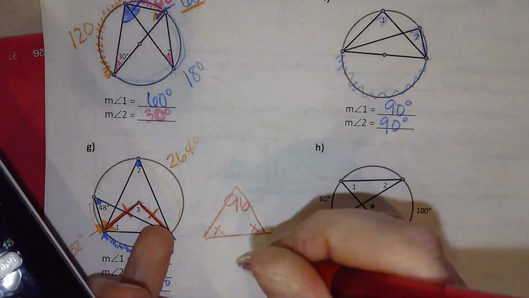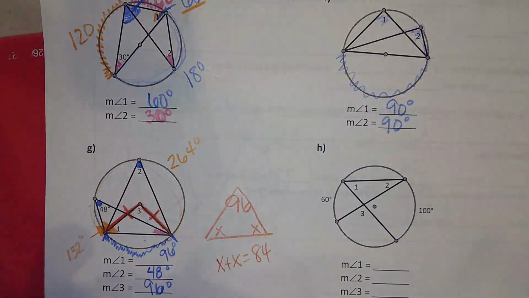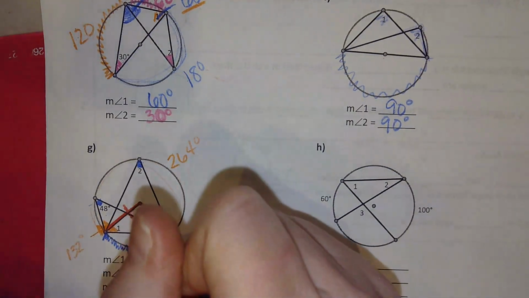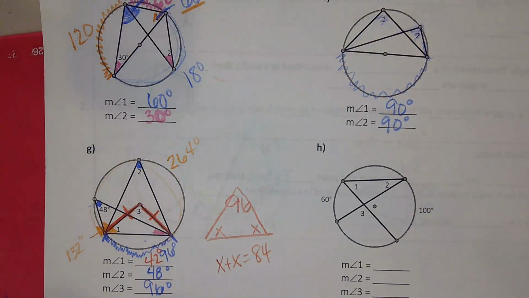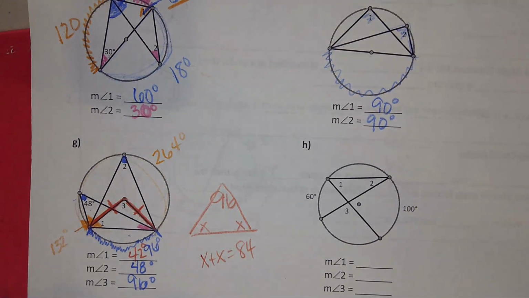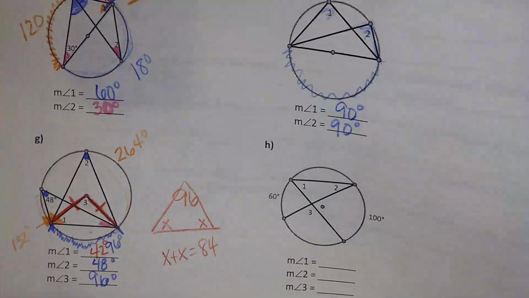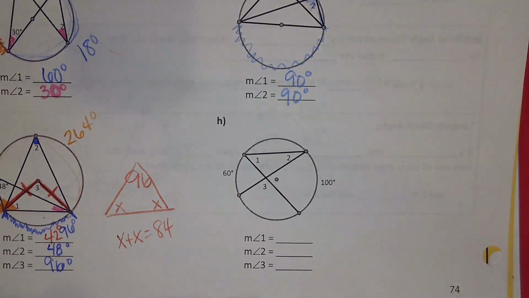So that means x plus x equals 84. Divide by 2, and you get 42 degrees. I have not used an isosceles triangle and an inscribed angle in a long time. I was not paying attention to that one. So don't forget what you learned in Standard 3. It's alright. It happens.